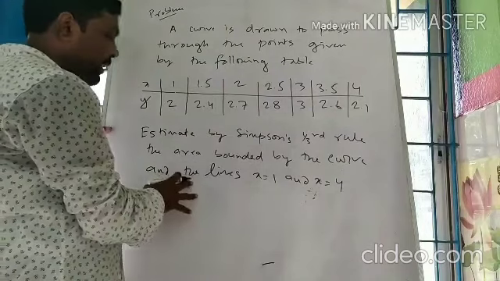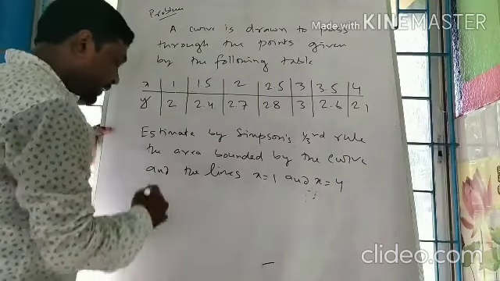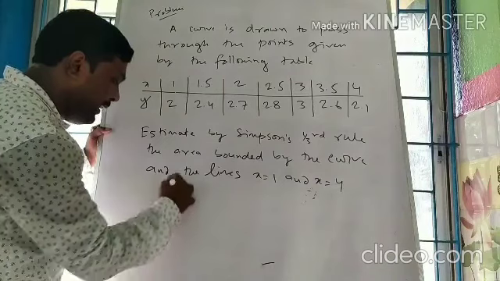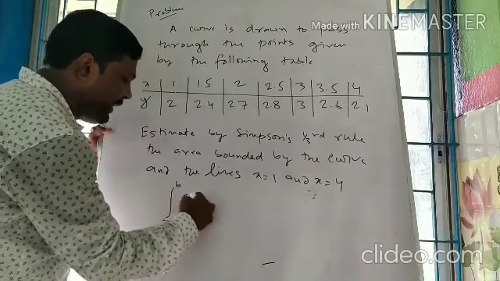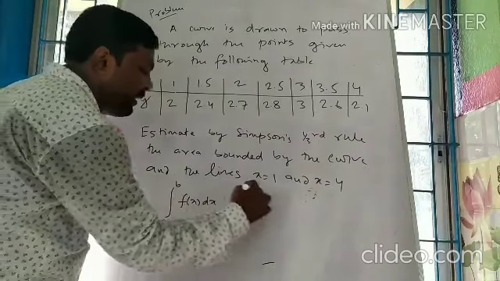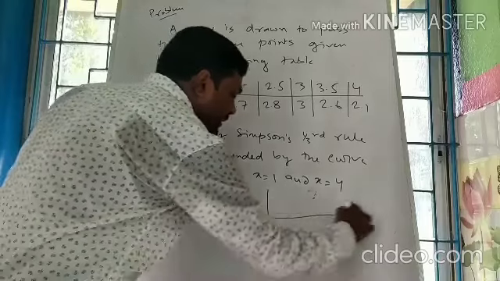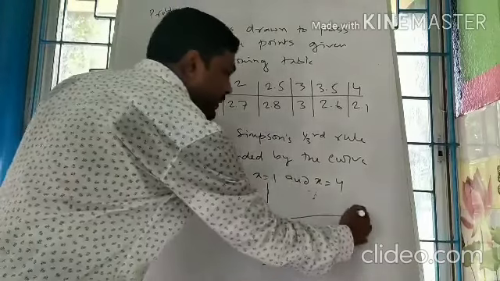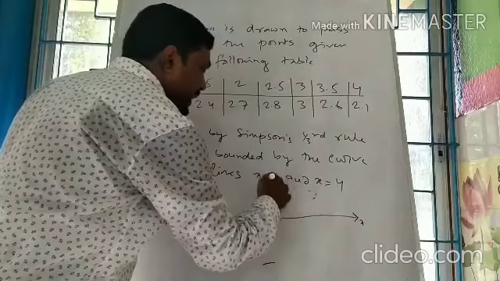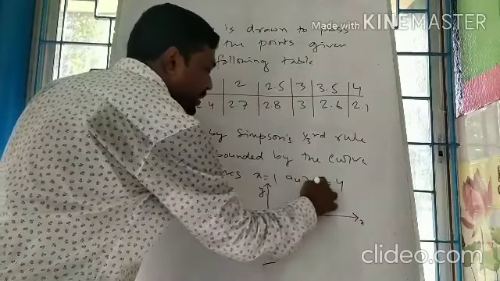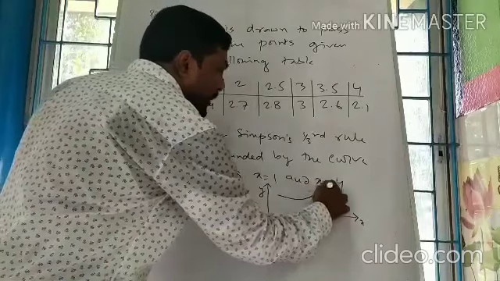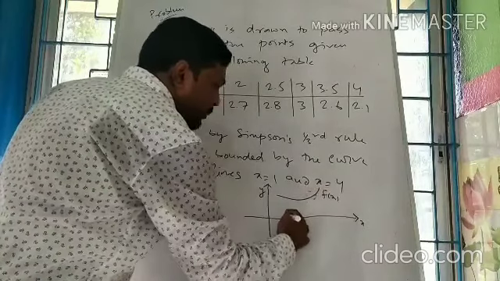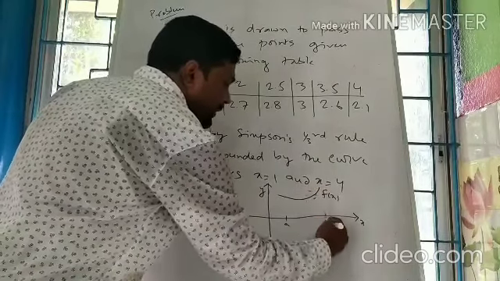Now see, integration a to b f(x) dx. Suppose this is the x axis, this is the y axis, this is the curve y equals f(x). This point is a, this point is b.